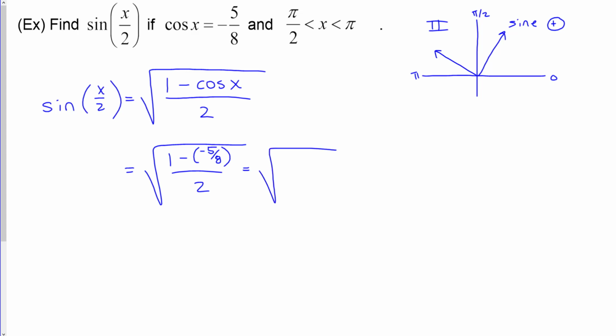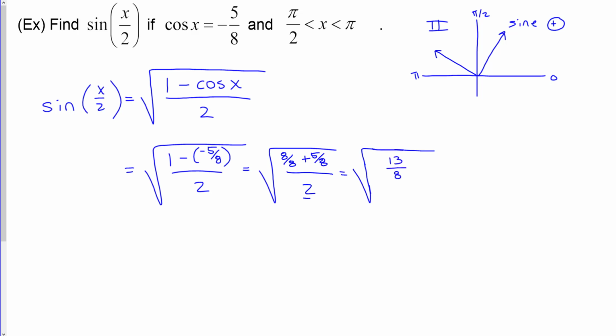And this would become 8/8 plus 5/8, divided by 2. So 13/8. Let me write it more like a fraction here. So 13/8 in the numerator.